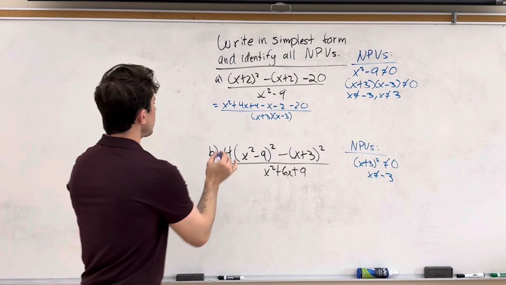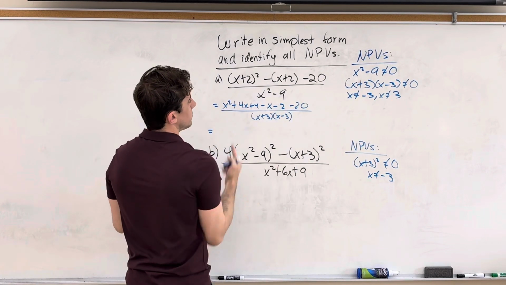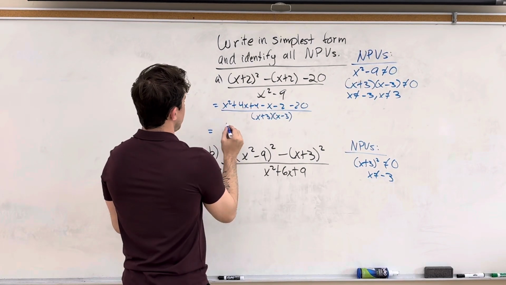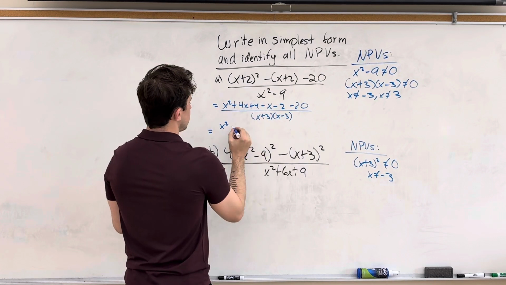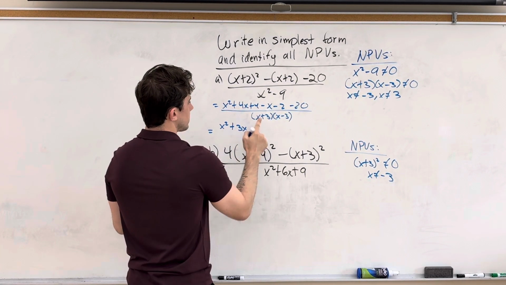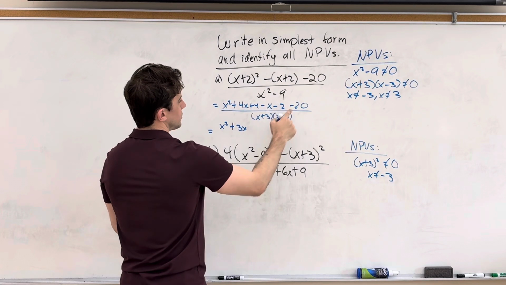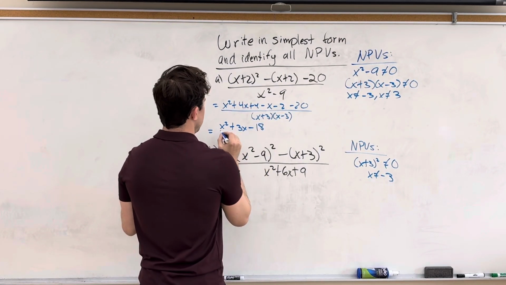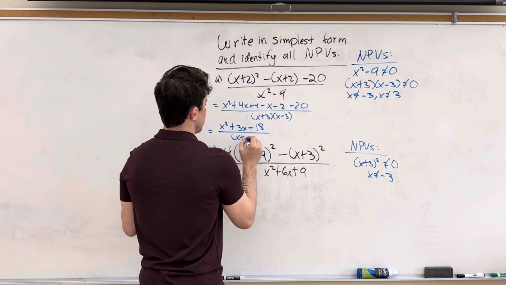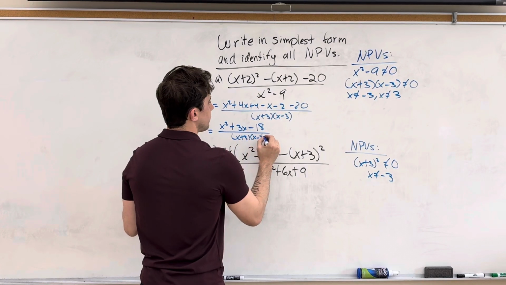Okay. And now we can group like terms in the numerator. So we have x squared plus 4x minus x means plus 3x, plus 4 minus 2 minus 20 means minus 18, all over x plus 3 times x minus 3.